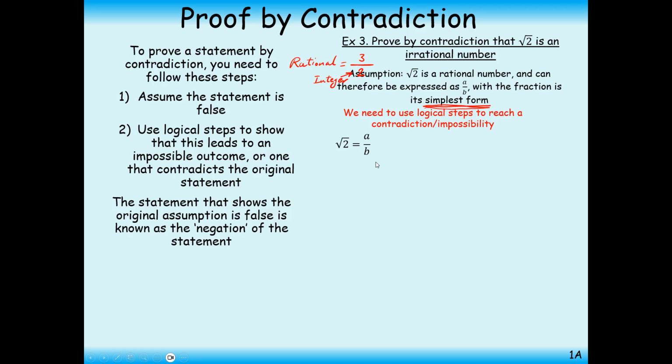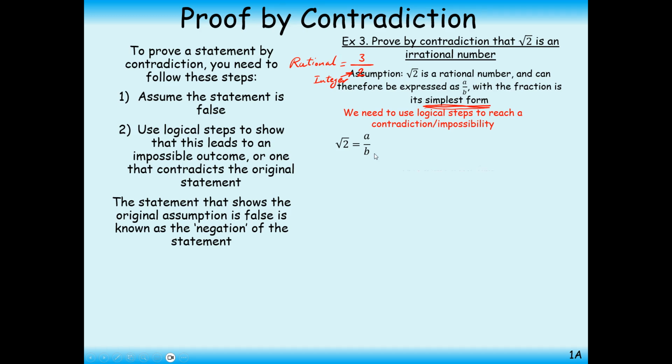Let's play around with this expression to find some contradiction or impossibility. Notice we are making a false assumption on purpose. In fact, I know that the square root of 2 has decimals in it, but we are making a false assumption on purpose because we've been asked to prove by contradiction.